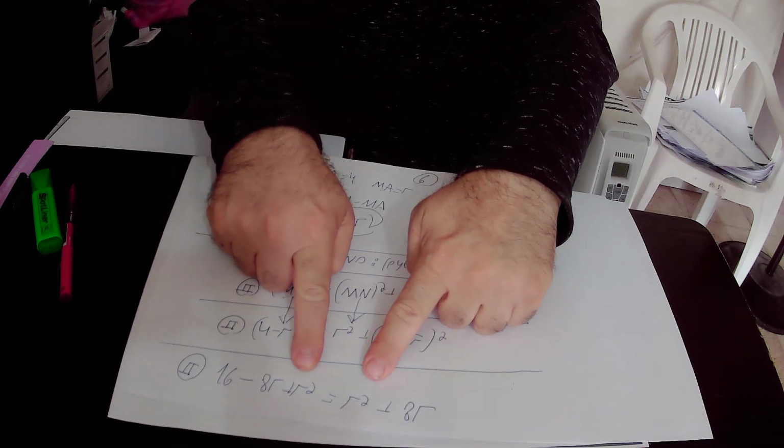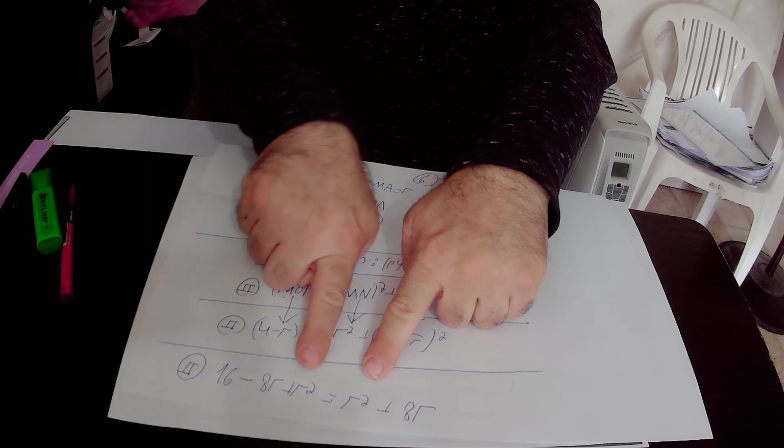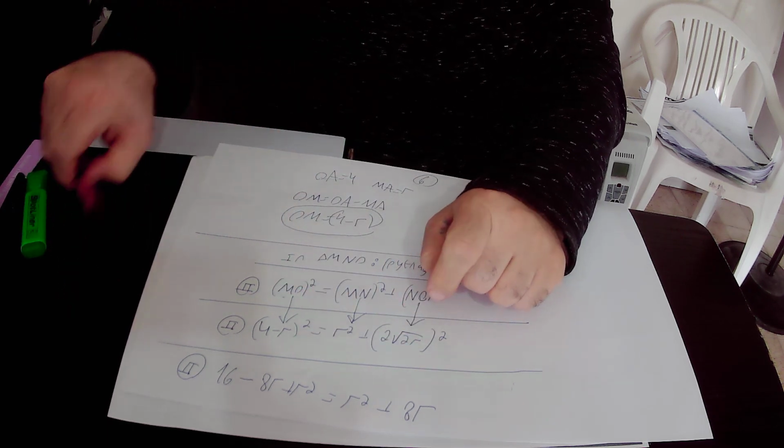Here we have R square on both sides of equation number 2, so R square will get cancelled.